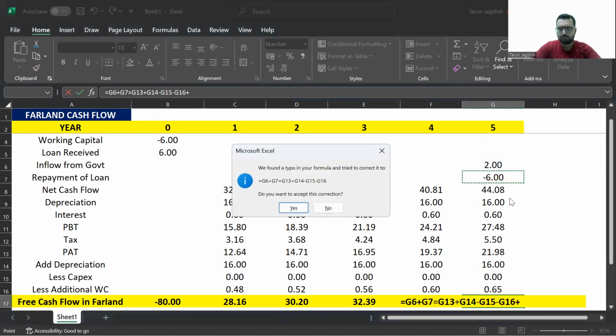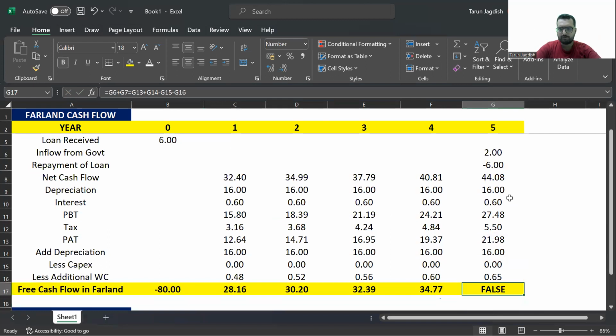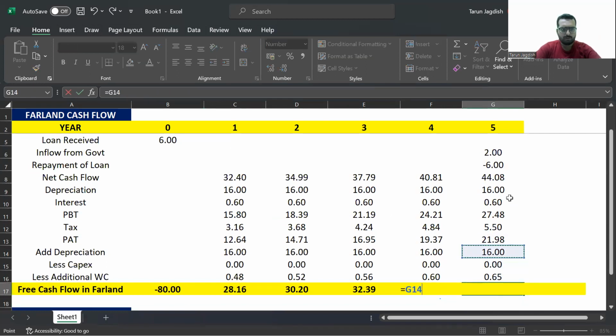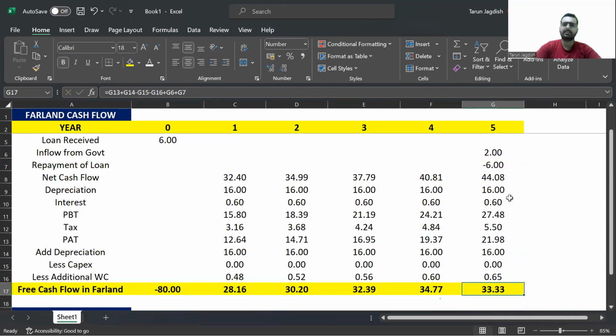So my closing cash flow will be: profit after tax, add back depreciation, minus capex, minus additional working capital, plus 2 crore I'm getting, minus I'm paying 6. 33.33 will be the final year cash flow. So I'll just highlight this in red so that you remember it.